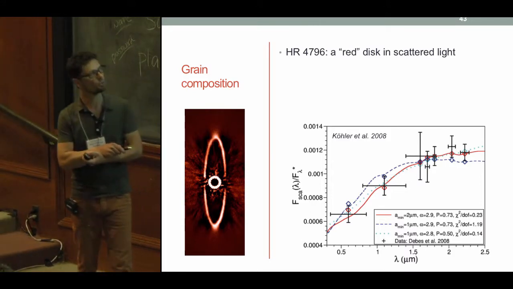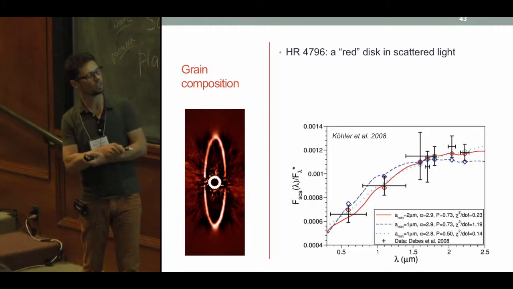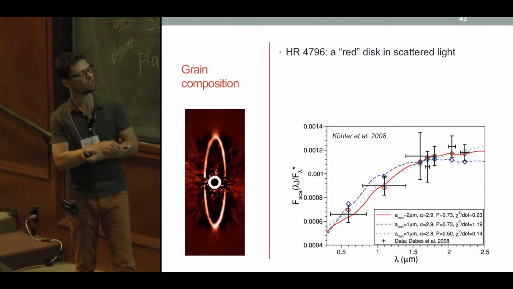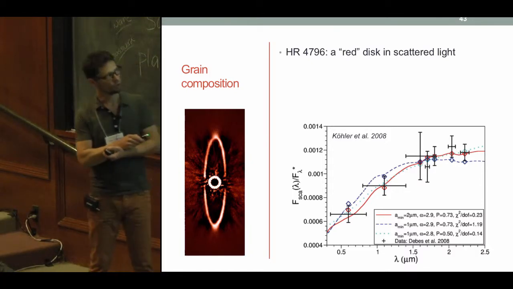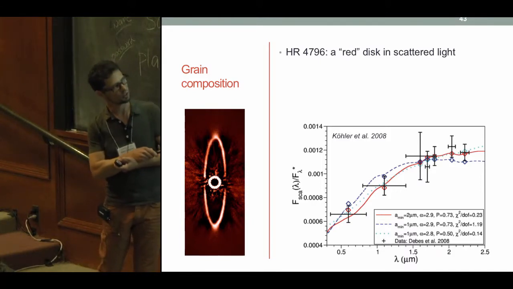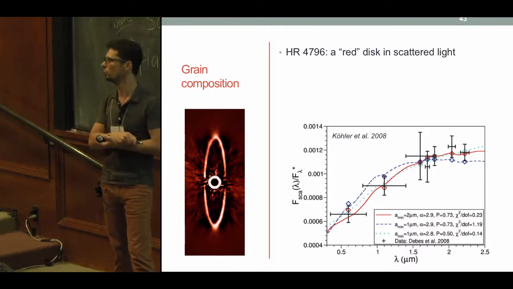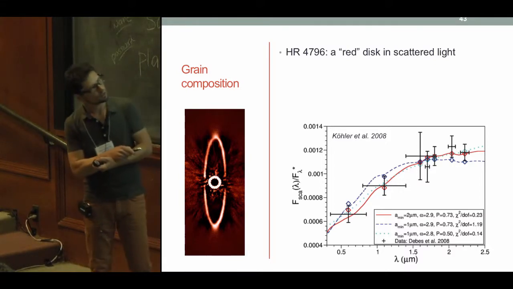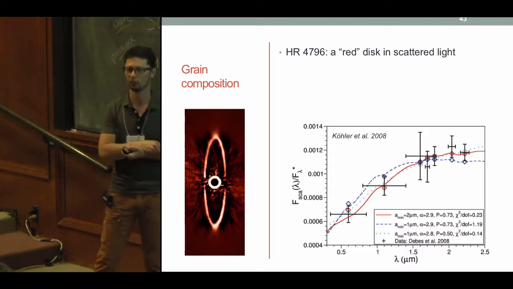And you see that the disk is red in the sense that it is scattering more light at larger wavelengths than in the visible here. And these authors, Kohler et al., have been trying to reproduce this trend using exactly the same kind of compositions that I showed you before. And it is doing a good job, actually, to reproduce this red color of the disk in scattered light.